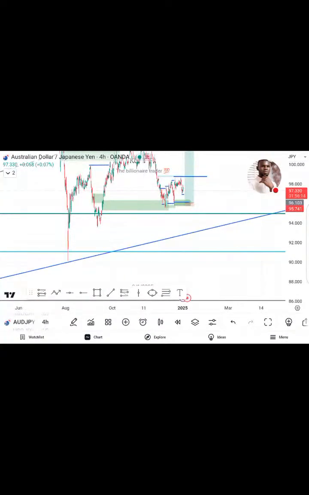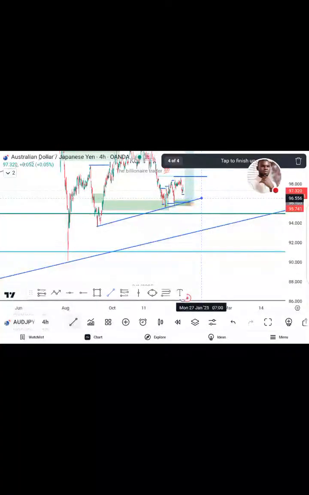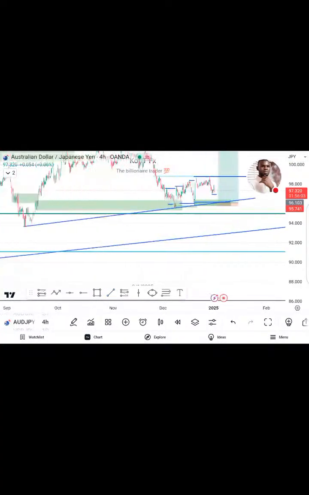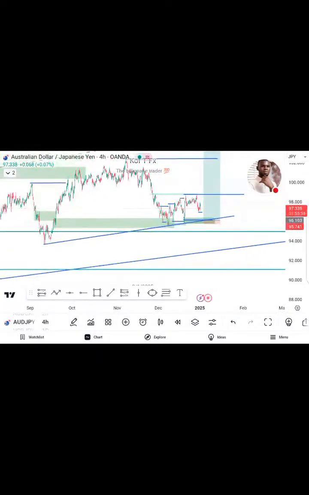Now, using trend line, just for us to have confidence, you can see a series of touches, 1, 2, 1, 2. So price is coming back to that trend line and continuing the journey.